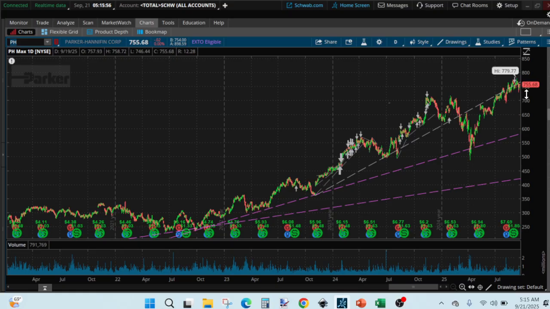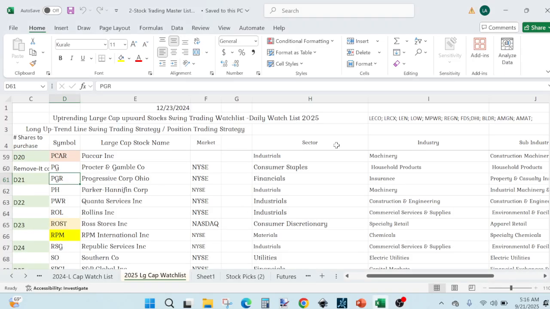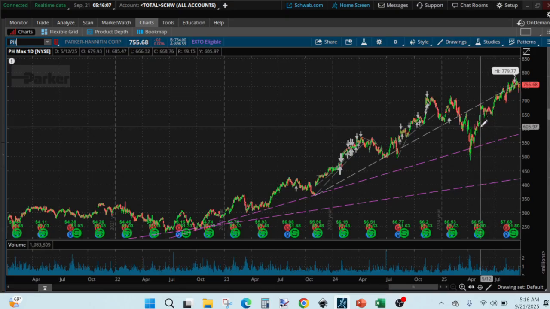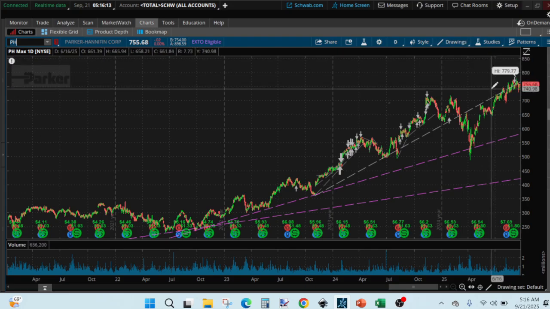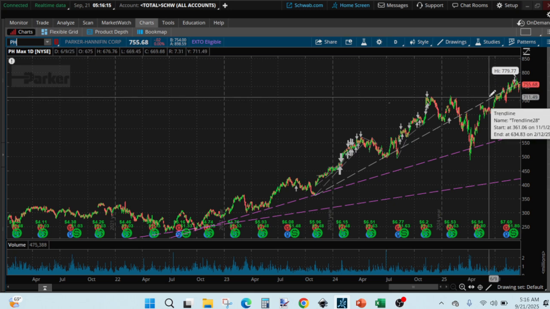Some of them will be very quick. PGR will be one that will be very quick, because I look at the price, I look at when I want to buy, and then I go back to my spreadsheet and pick another stock to analyze. But because I'm talking with you, I'm explaining the process. That's why I'm taking more time to do the analysis.